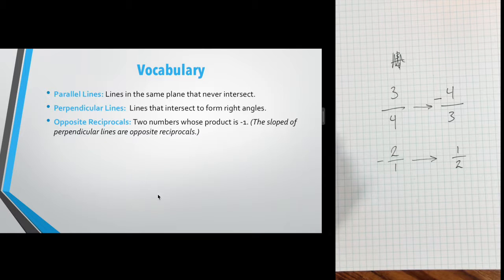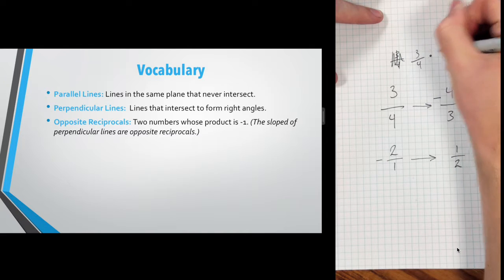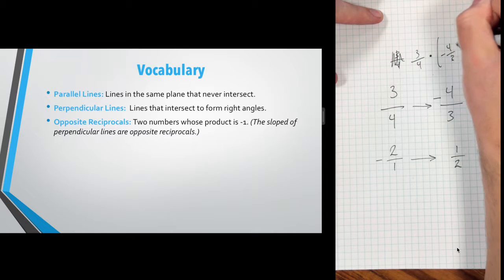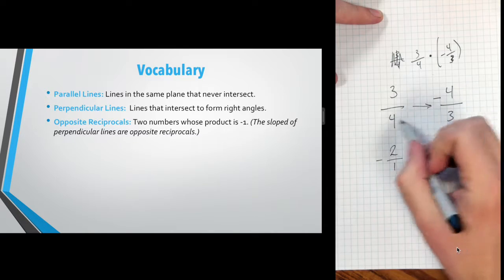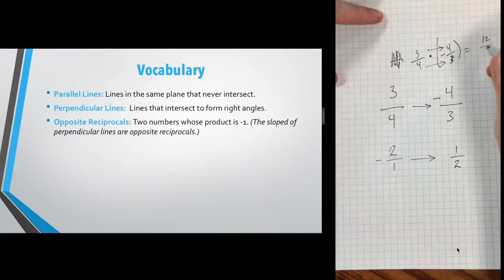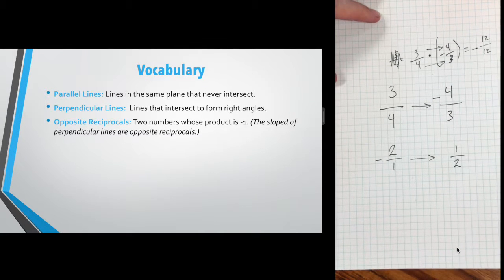So these are opposite reciprocals. Two numbers whose product is -1. So for instance, if I took the 3/4 and I multiplied that by -4/3 from right here, then 3 times 4 is 12. 4 times 3 is 12. And it's a positive times a negative, so it becomes negative.